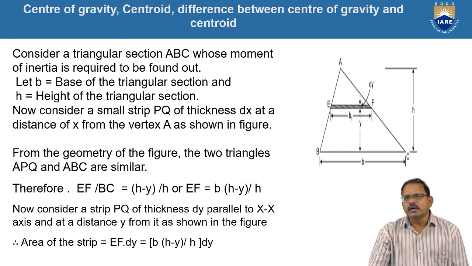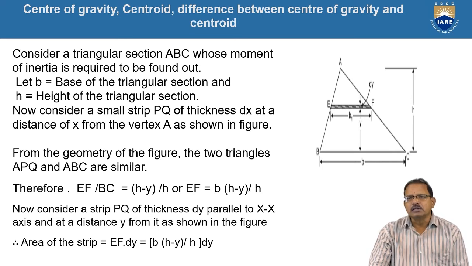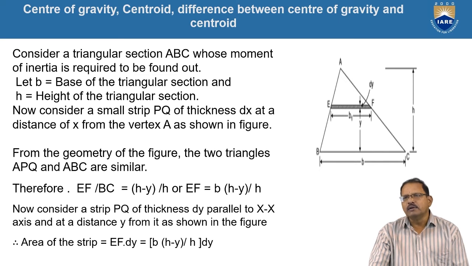Now, according to the geometrical construction, triangle ABC and triangle AEF are both similar triangles. Hence, EF divided by BC is equal to H minus y divided by H, or EF is equal to B into H minus y divided by H. That is representing the length of the assumed element EF.